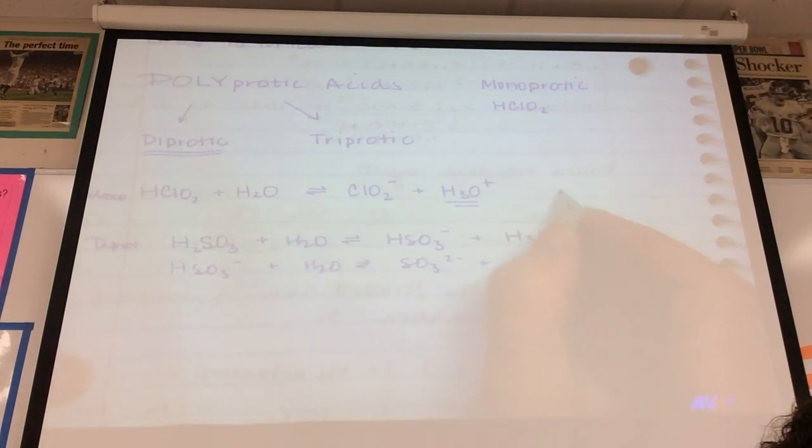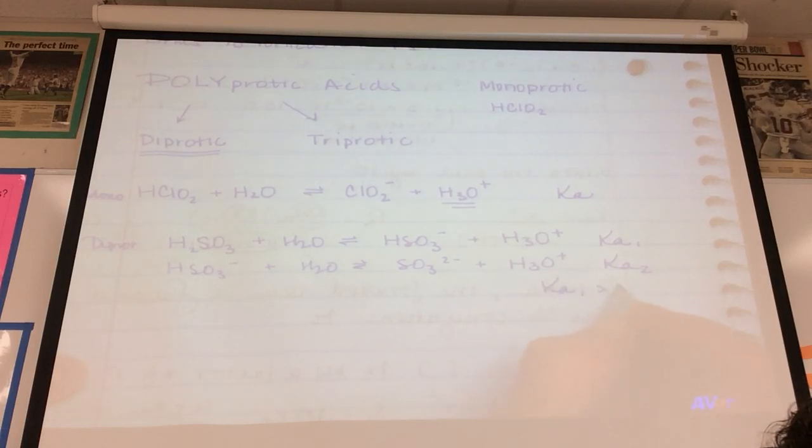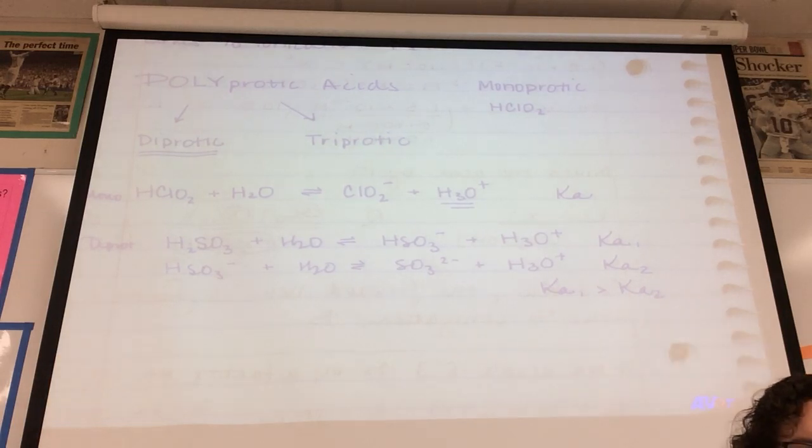So here you have monoprotic, so you have Ka. Here you have diprotic, so you have Ka1 and Ka2. And you will always find that Ka1 is greater than Ka2.